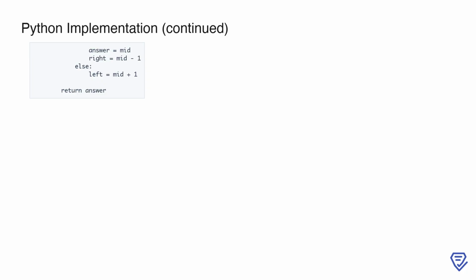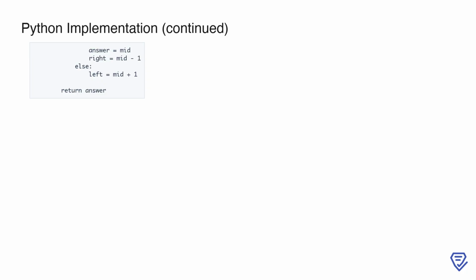If the function returns true, it means it's feasible to achieve the goal within mid days, so we update the answer to mid and adjust the right pointer to mid-1, to continue searching for potentially smaller values. Otherwise, if canMakeBouquets returns false, it means mid days is insufficient, so we adjust the left pointer to mid+1 to search for larger values. Once the binary search completes, we return the answer, which now holds the minimum number of days required to make m bouquets.